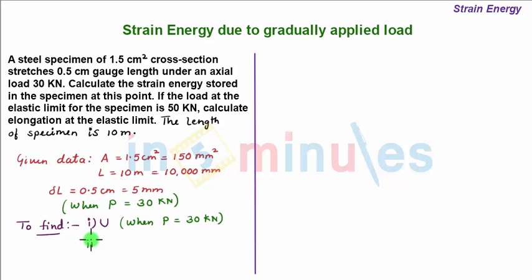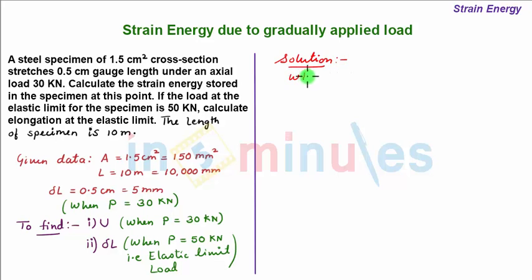Next, we have been also asked to find out elongation delta L when your load P is 50 kN, that is the elastic limit load. So now let's solve the problem.